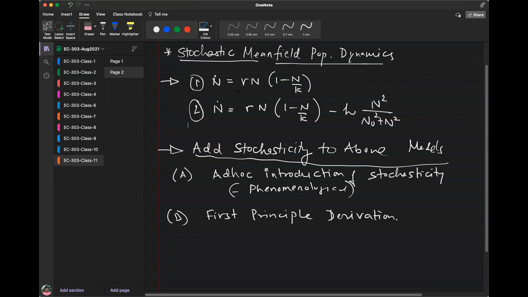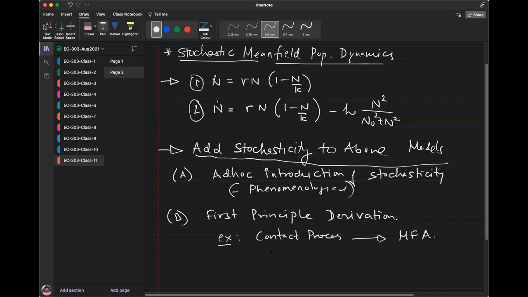So an example of a first principle derivation would be starting with the contact process and deriving the mean field approximation.